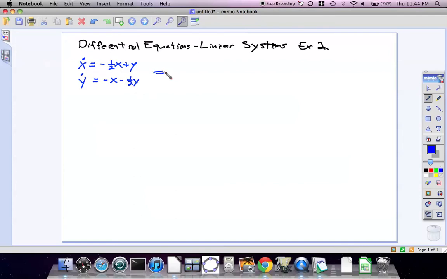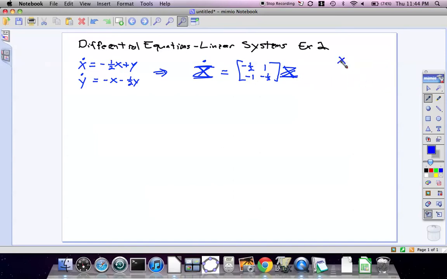Matrix version of this. So imagine we have a vector X which has an x and a y component. We'll make it a capital, kind of bold it a little bit, dot it. And it is equal to the coefficient matrix, negative 1/2, 1, negative 1, negative 1/2, times my vector X. Bold that a little bit.